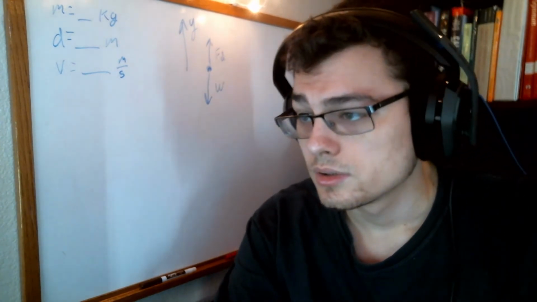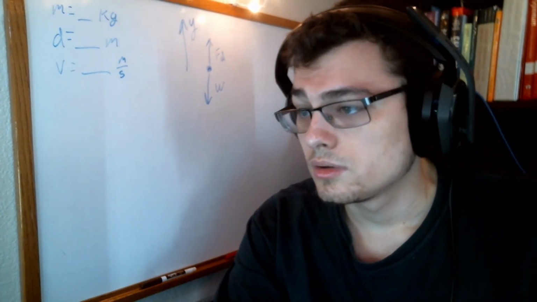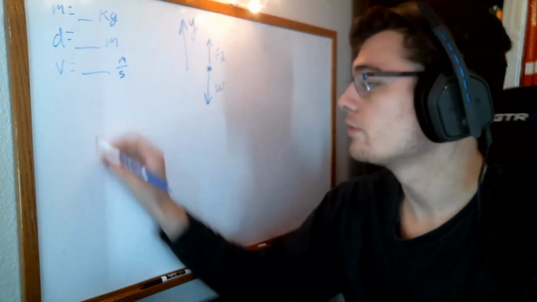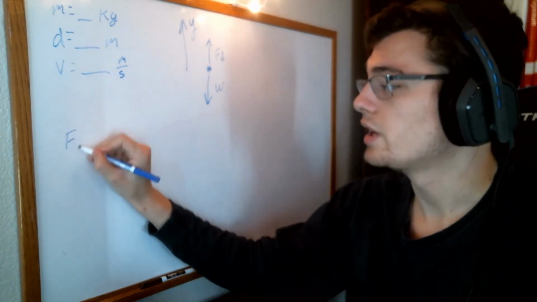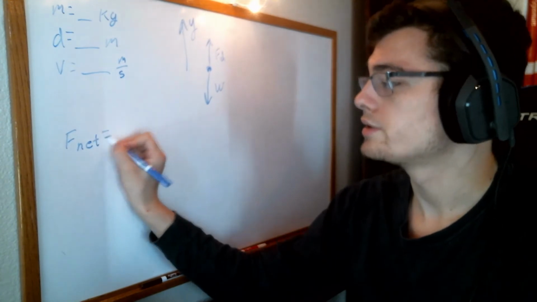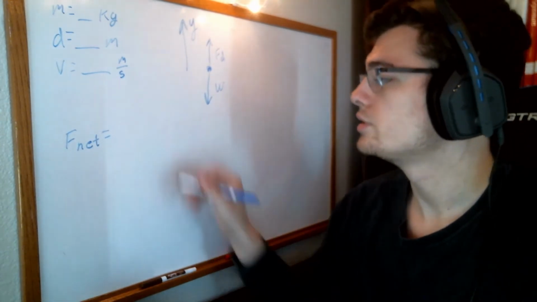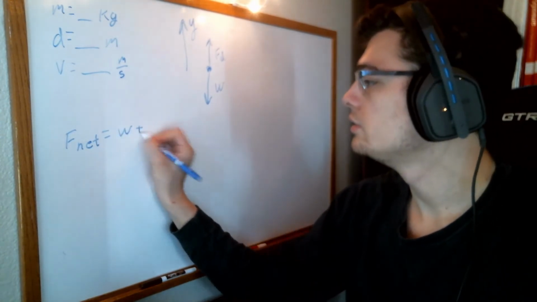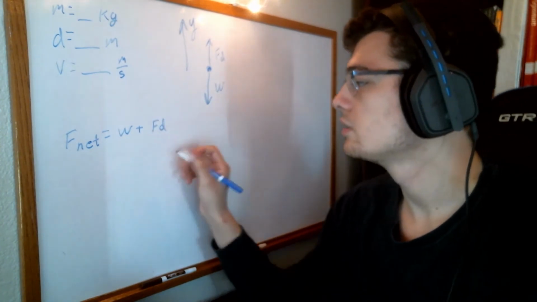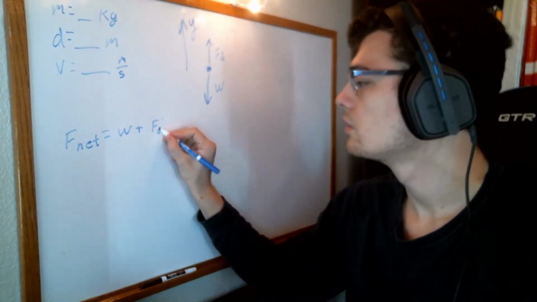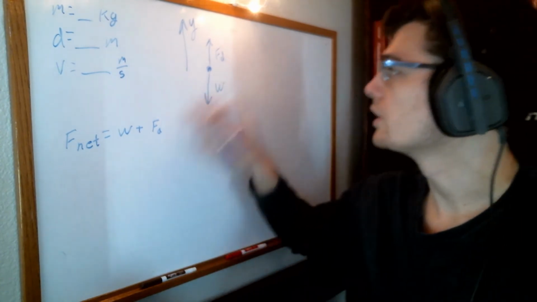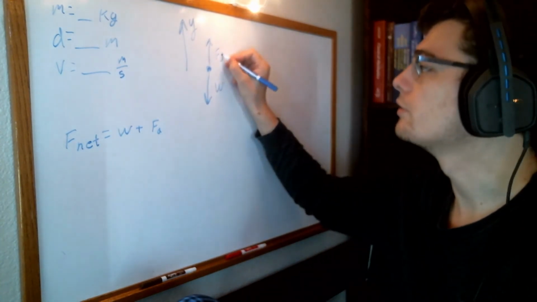We know that the sum of forces, or F net, is going to be equal to W plus FD. I'll write this as a subscript here so we don't confuse it with work.